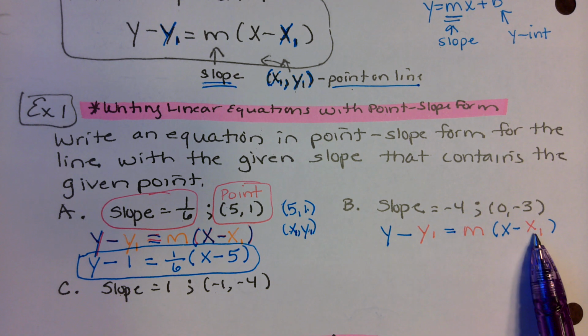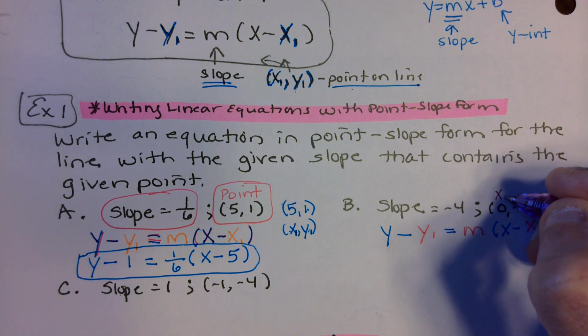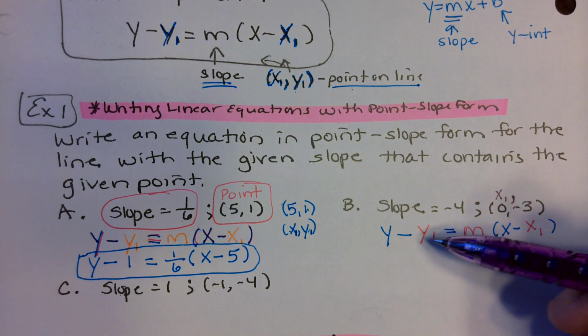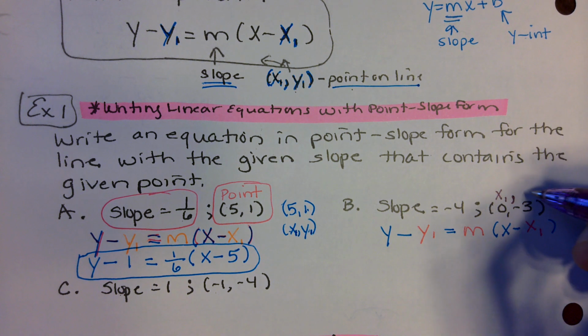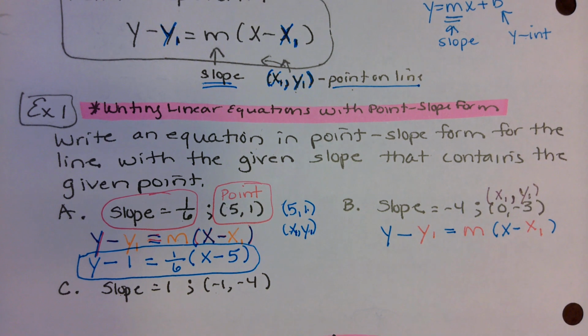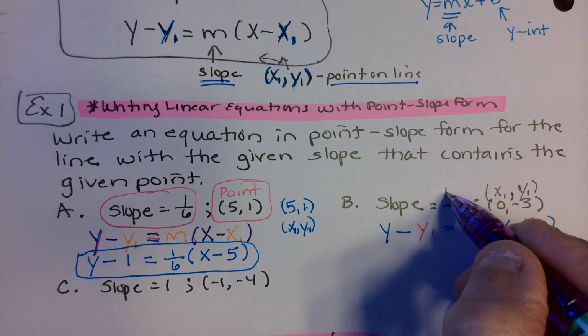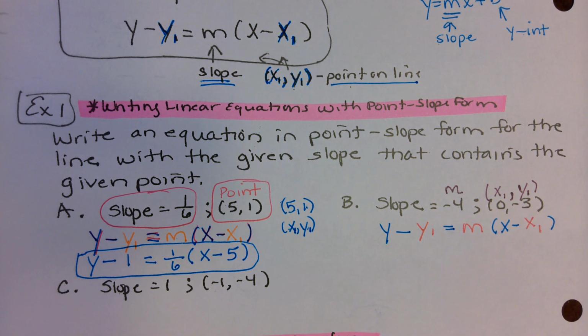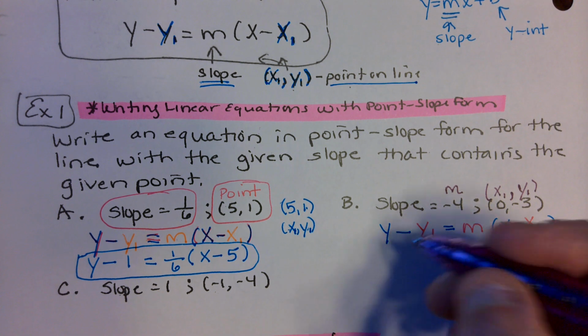You're going to put something in place of the x1. Where's x1? Right here. You're going to put something in place of the y1. Where's that? Right here. All you do is put the values in. This is your m. This is your x1. This is your y1. So let's do it.